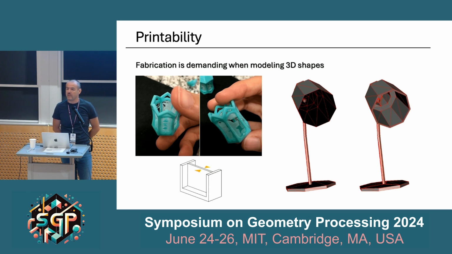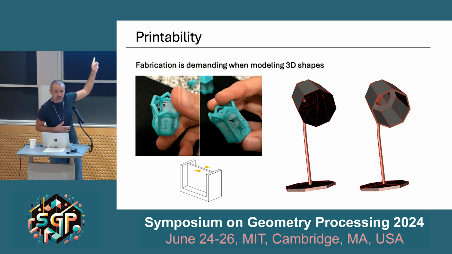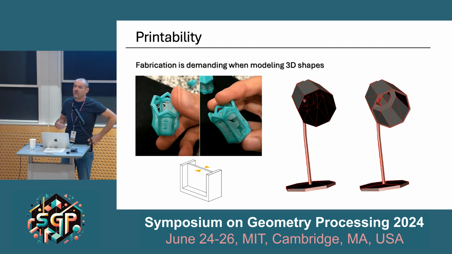For example, filament-based 3D printers can extrude filaments with a given thickness. So if your model has thinner parts, what you end up with is probably something unexpected, as in this picture. In these cases, you may want to thicken these parts properly, but this is quite a tricky process.